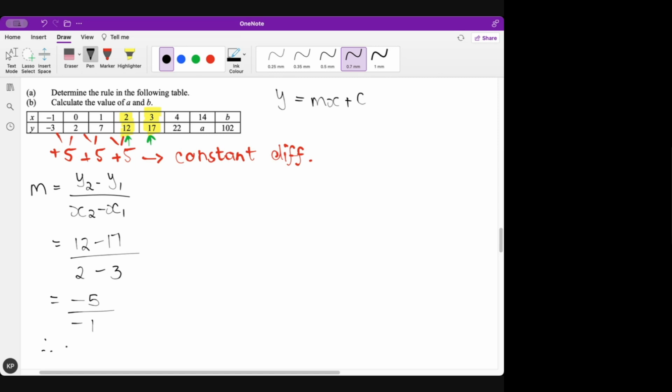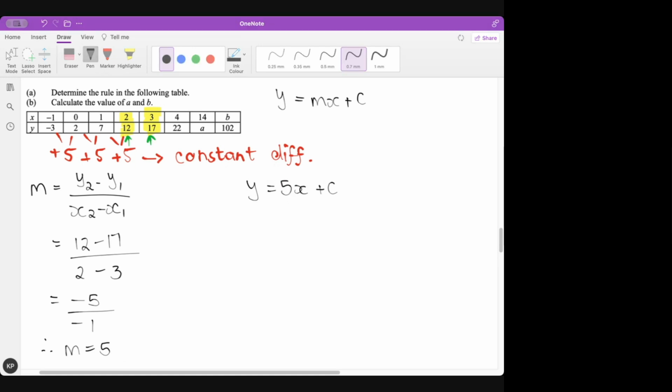And negative 5 divided by negative 1 is m is equal to 5. Great. So now we know it's y is equal to 5x plus c. Let's substitute a random coordinate, one that we haven't used yet.